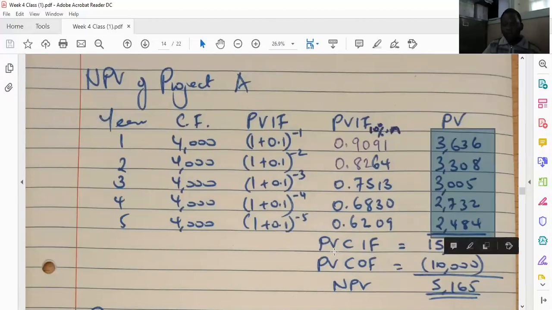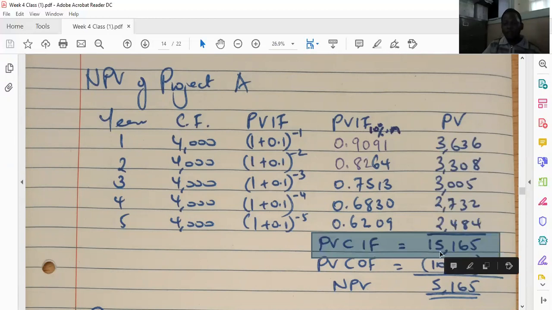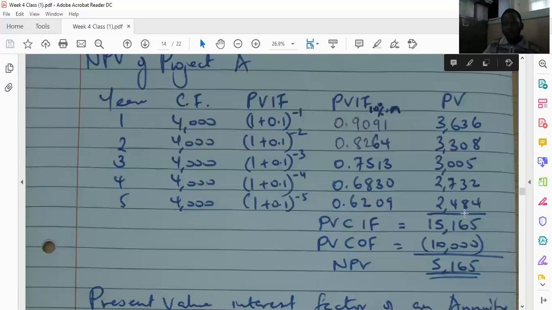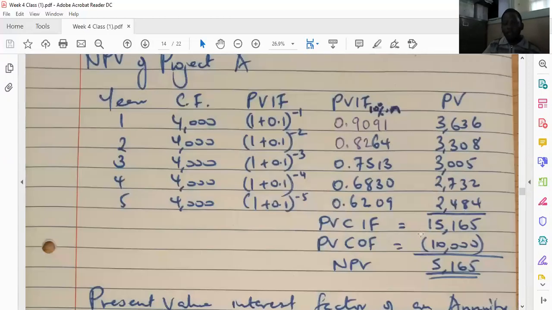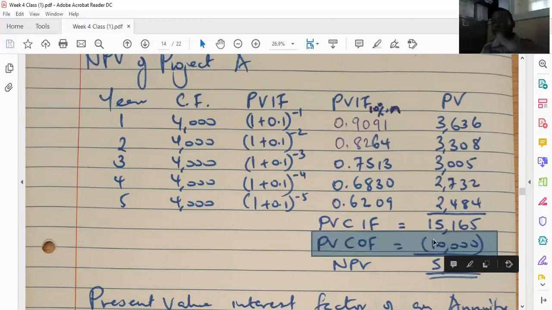So we add these present values, and it will give us the present value of cash inflows. In total, the present value of cash inflow is 15,165. And the present value of cash outflow is 10,000 shillings, the cash that has been used at the present, at time 0.